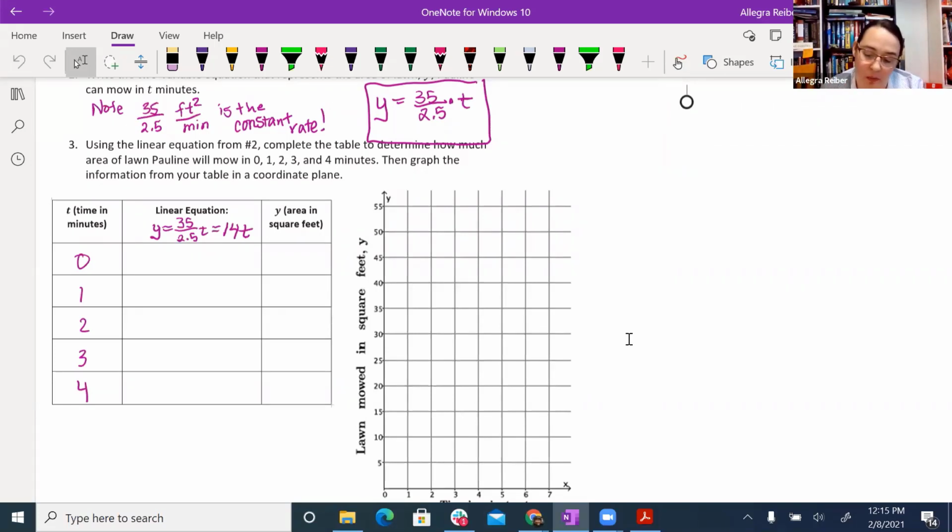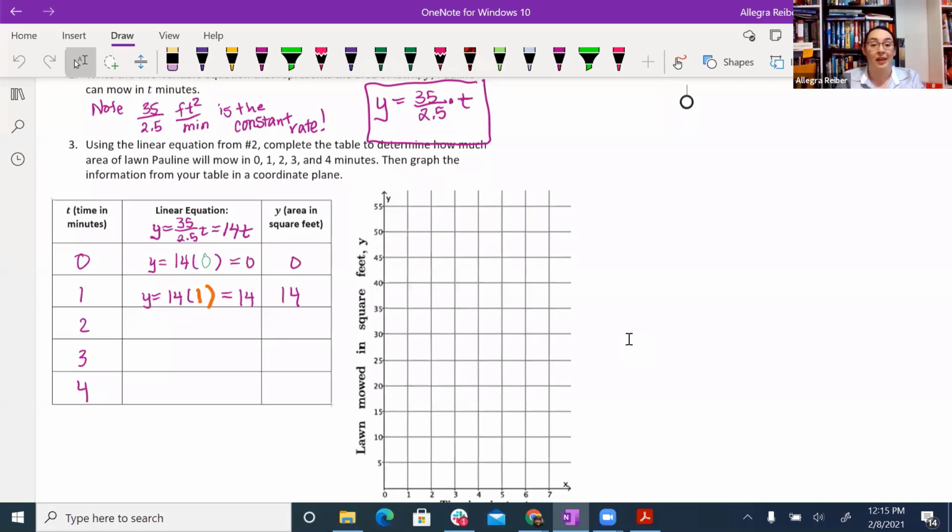Let's model the linear equation we have above with each of these values plugged in. So at 0, we have y equals 14 times 0 minutes, and we get 0 square feet. That makes sense. If she isn't mowing for any amount of time, she shouldn't mow any lawn. If we allow her to go for 1 minute, 14 times 1 minute, which would be 14.